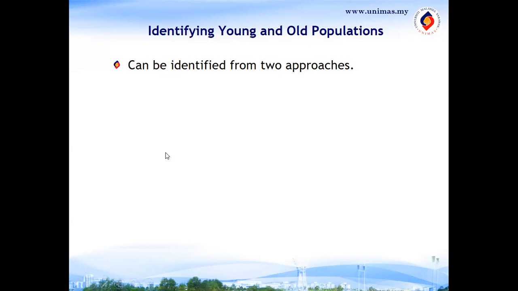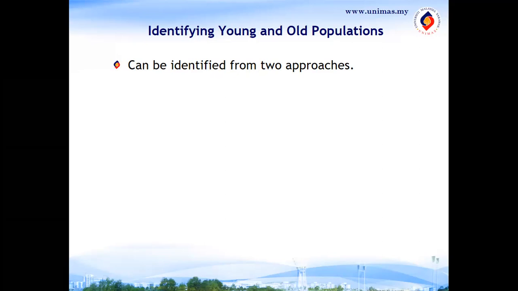So how do we identify whether a population is young or old population? Jadi kadang-kadang ada terdengar ataupun pernah baca bahawa negara A contohnya dipanggil sebagai young population, and another country is known as an old population.